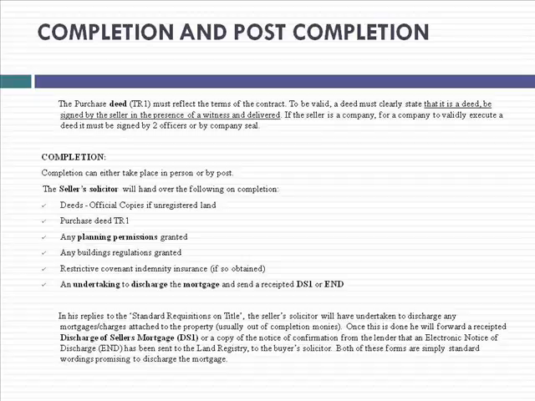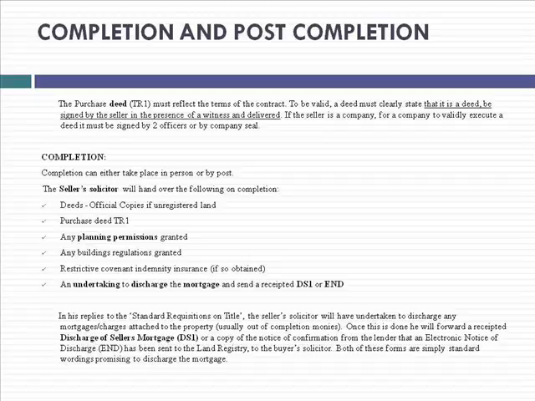In his replies to the standard requisitions on title, the seller's solicitor will have undertaken to discharge any mortgages or charges attached to the property, usually out of completion monies. Once this is done, he will forward a receipt for discharge of seller's mortgage, DS1, or a copy of the notice of confirmation from the lender that an electronic notice of discharge has been sent to the Land Registry, to the buyer's solicitor.